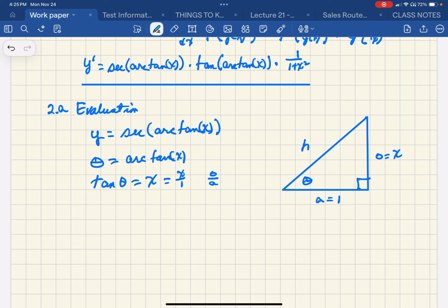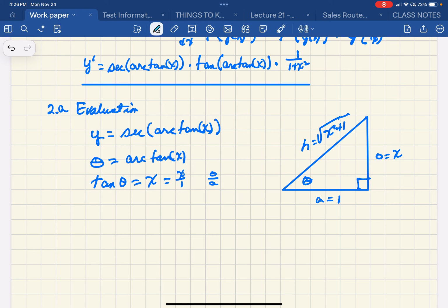We know that the square of the hypotenuse is the sum of the squares of the other two sides. So the hypotenuse is the square root of the sum of the squares. So the hypotenuse would be the square root of x squared plus 1 squared, which is just 1.